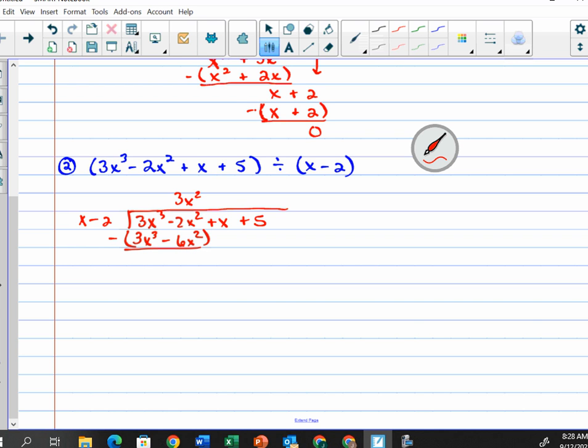Minus the negative is adding. So the way you write your remainder, guys, it's plus the remainder over your divisor. So 23 over x minus 2.